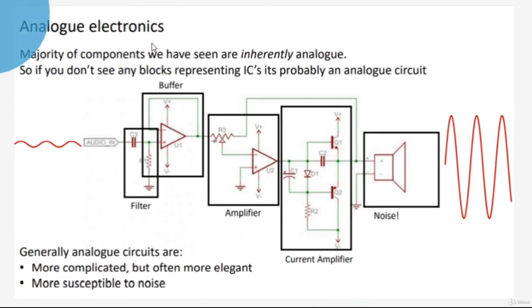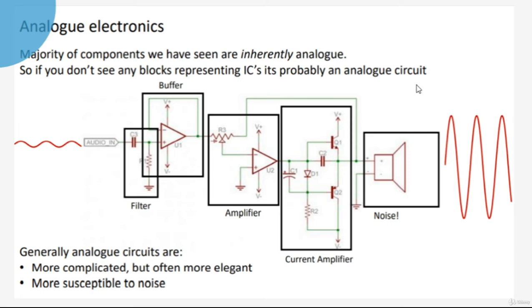The analog electronics. The majority of components we have seen are inherently analog. So if you don't see any blocks representing ICs, it's probably an analog circuit. So that means that the digital circuit is very famous for having a lot of ICs and blocks of ICs.